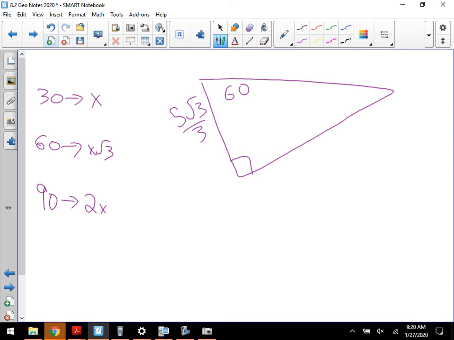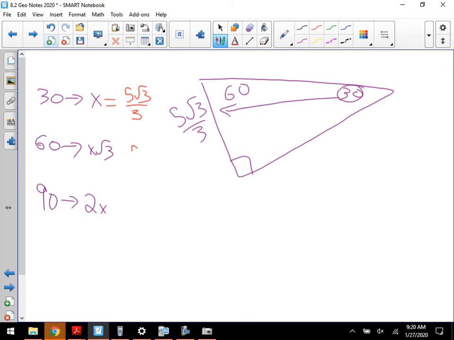Across from which angle do you know? Remember, the 60 opens up to here. This has to be the 30, okay? So the value of x is 5 root 3 over 3. So everywhere I see an x, what do I replace it with? 5 root 3 over 3.